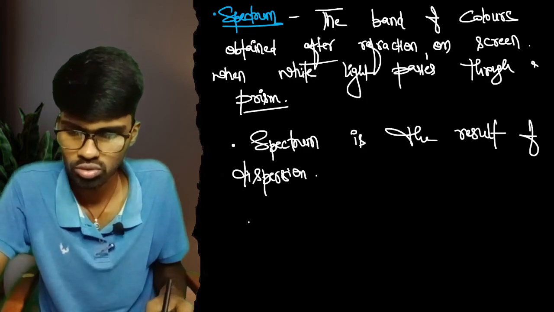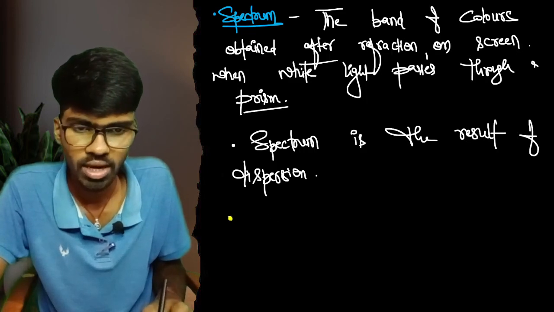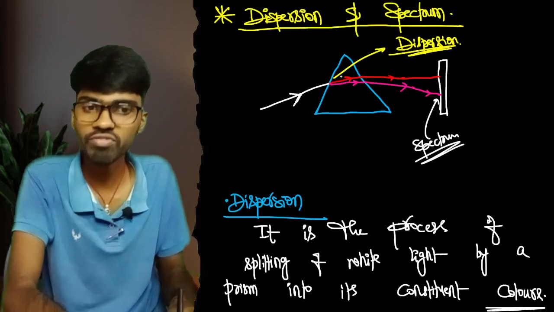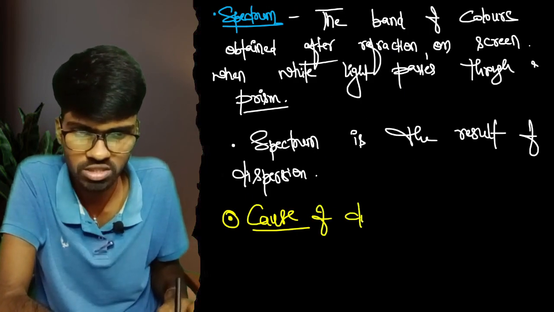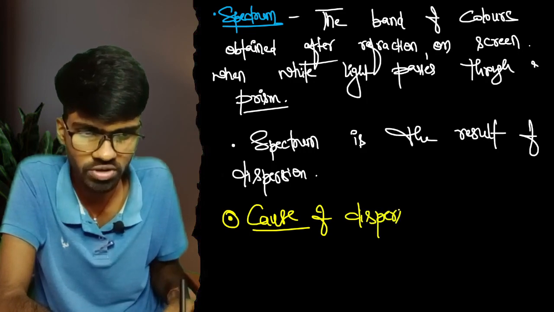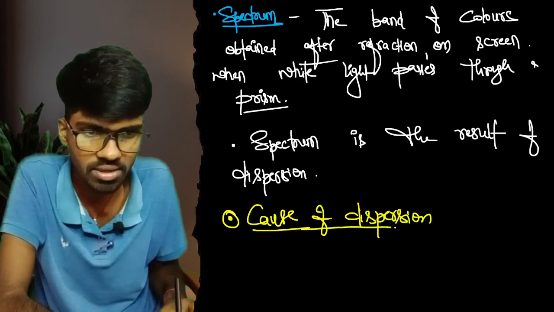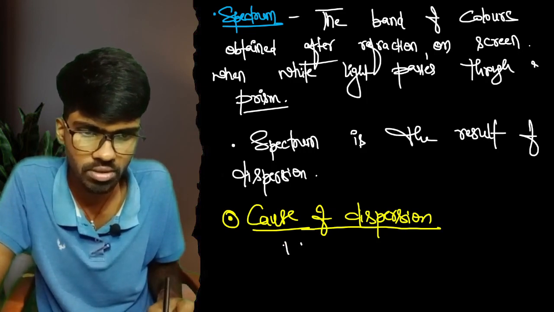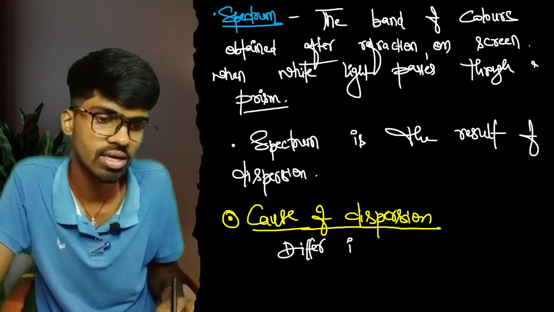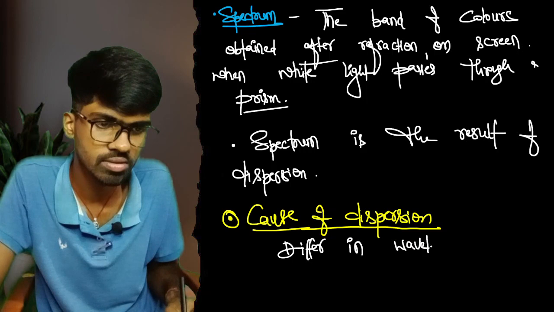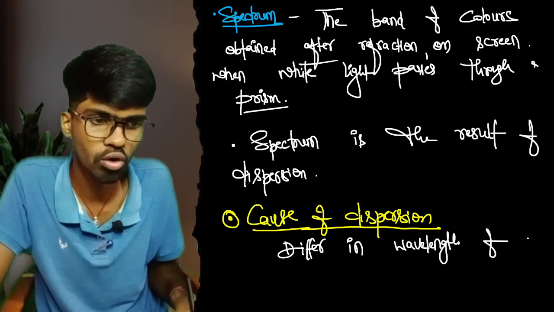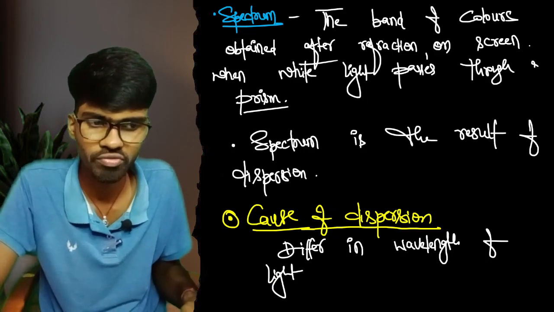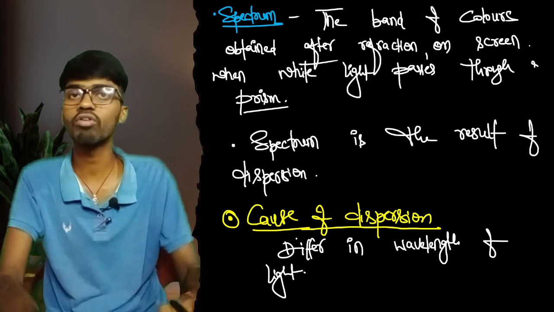And if we write the actual cause of dispersion in a single line, the reason is that colors differ in wavelength of light. This is the actual reason of dispersion.